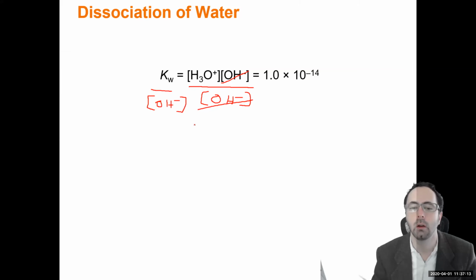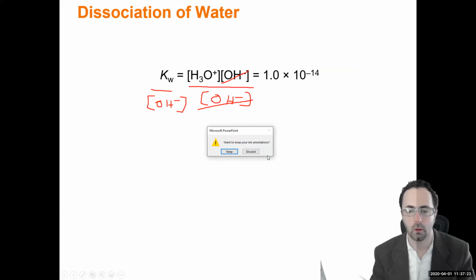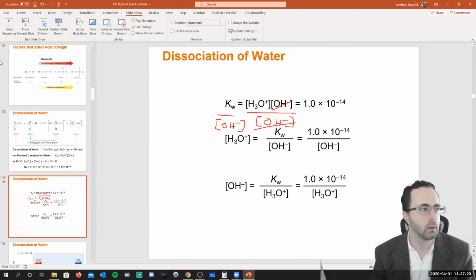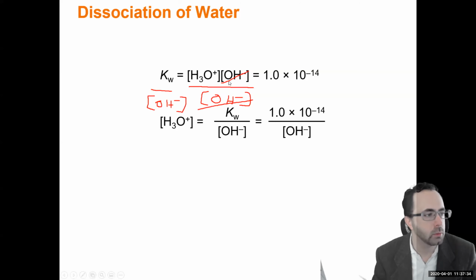And so we get that the hydronium concentration equals Kw over hydroxide. So if we ever have the hydroxide concentration and we want the hydronium concentration, we just take 1 times 10 to the minus 14 and divide by the hydroxide concentration. We get hydronium.